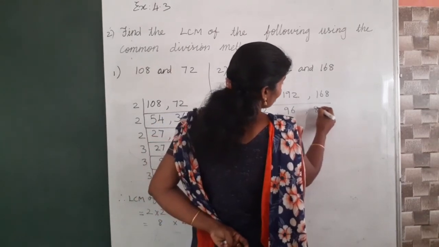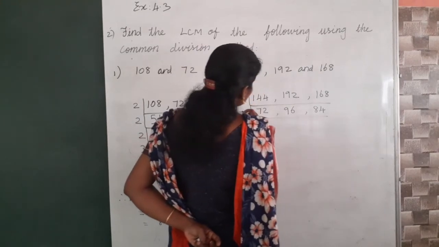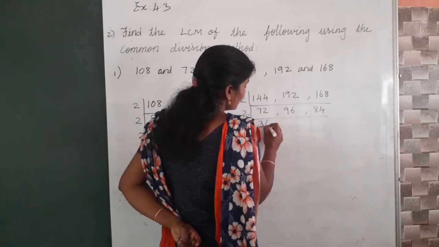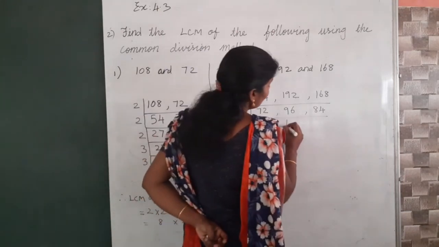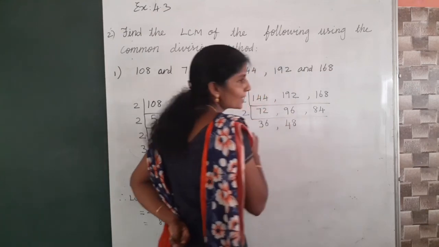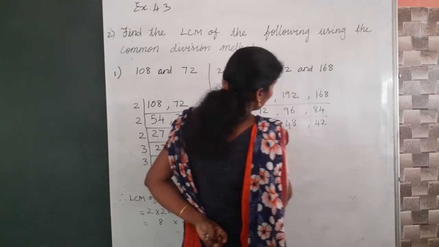Then 8 2s are 16, 4 2s are 8. Again 2 table. 3 2s are 6, 1 balance, 6 2s are 12. Then 4 2s are 8, 1 balance, 16, 8 2s are 16. Then 4 2s are 8, 2 2s are 4.